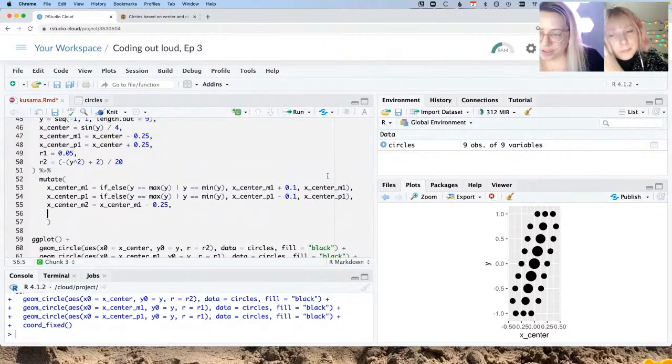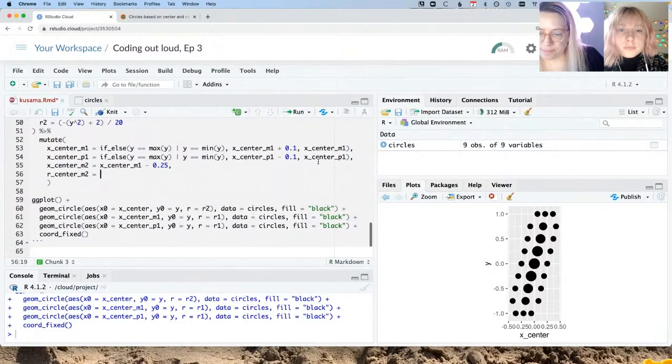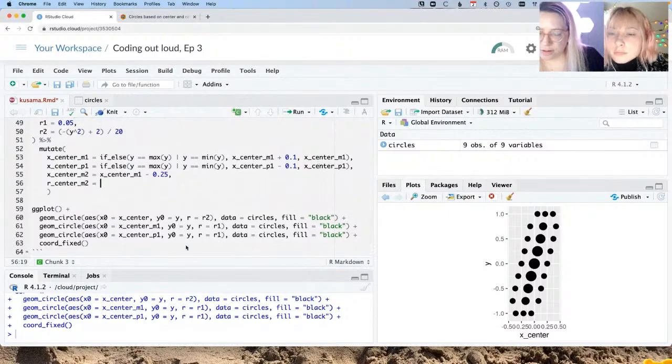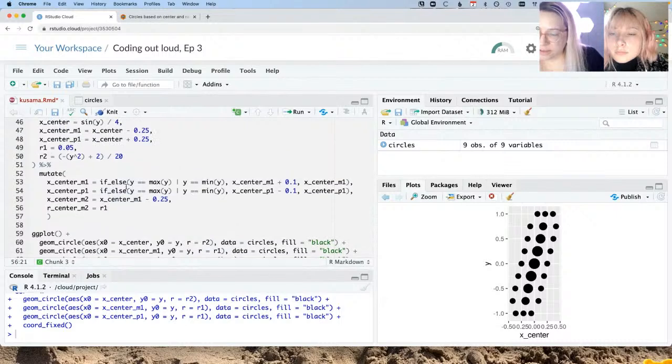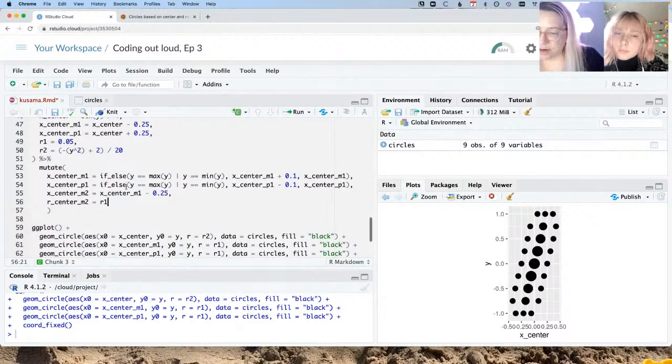And then what we want to do is the R for this. So this is R of center -2 is going to be, I've been using R1 as the constant, but we don't want it to be just R1, right?